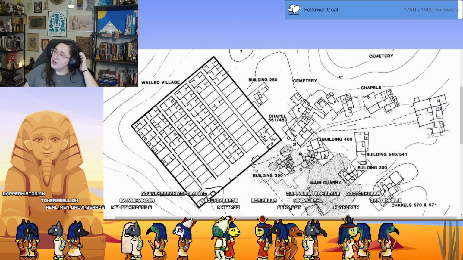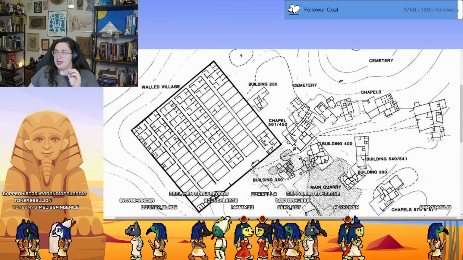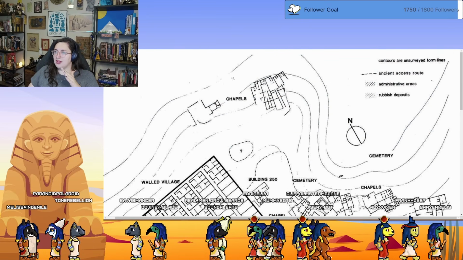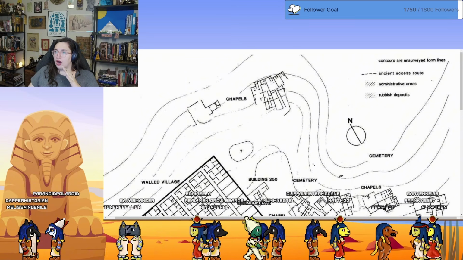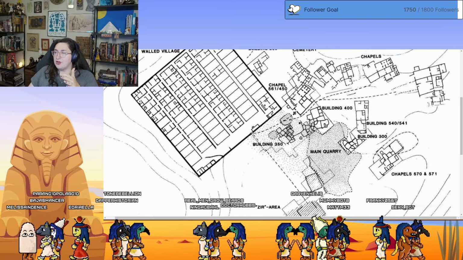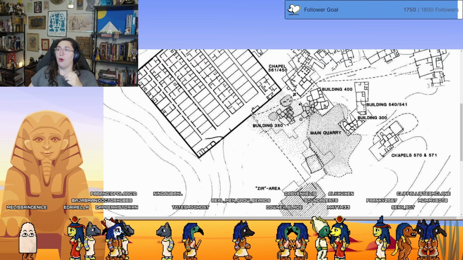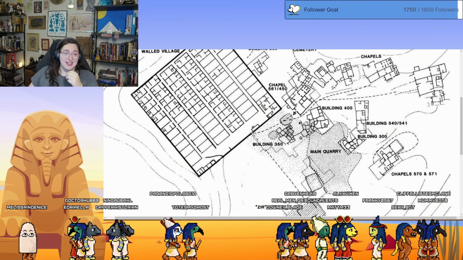But the other exception is that all surrounding this area are chapels and little temples, and these are all for non-Aten gods.